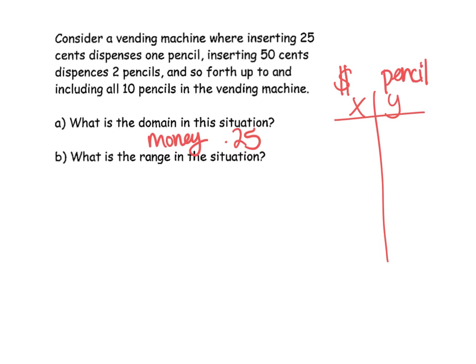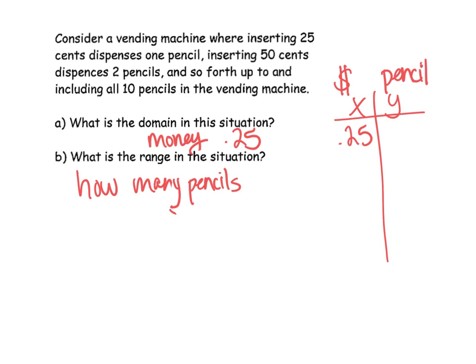What's going to be my range then? How many pencils come out? The output. So if I put in 25 cents, what is my output?